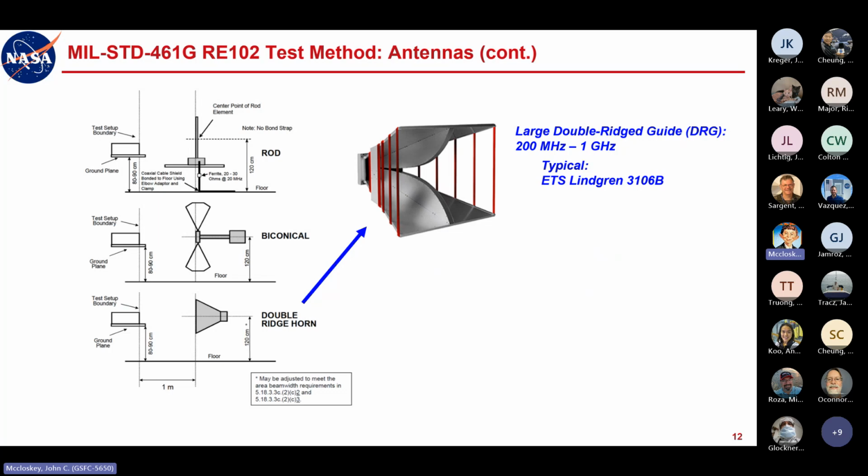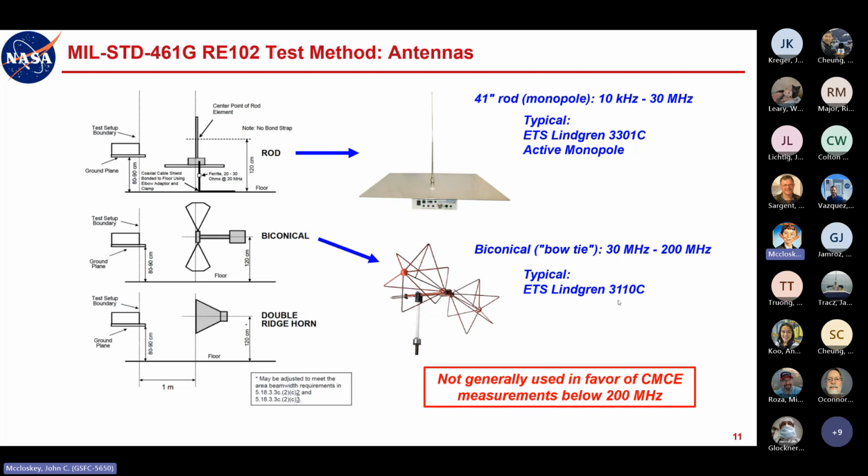You can get a rod or a biconical antenna from another vendor, and they'll still tend to use these numbers here, and that's true for some current probes as well. So that is one kind of cool thing in the EMC test equipment industry: somebody else may make a 3110C antenna, and they'll still just use that number, so that it's equivalent to this. It's not vendor specific.